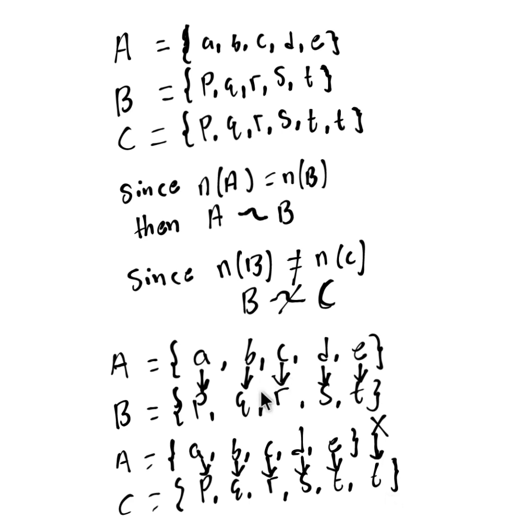There is no one-to-one correspondence between A and C, but A and B have a one-to-one correspondence.